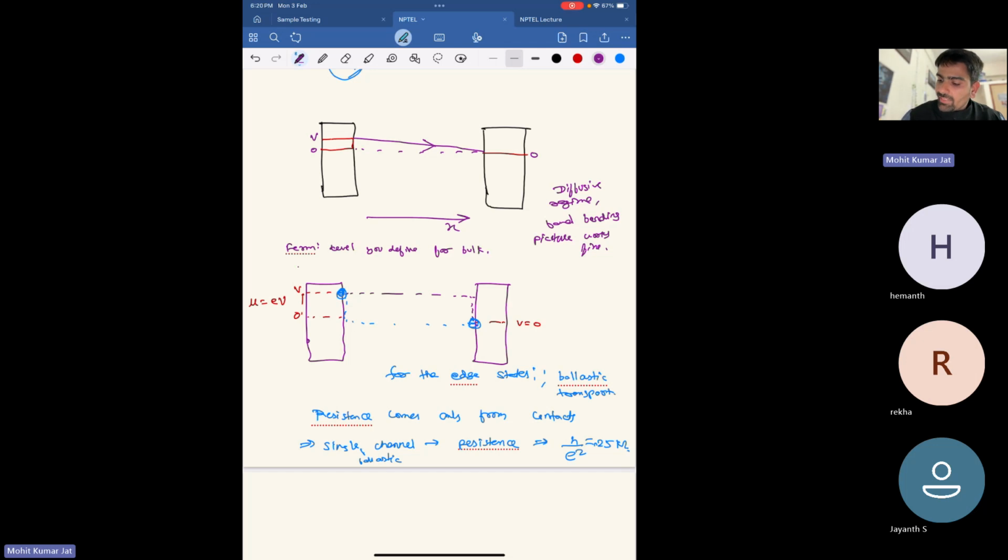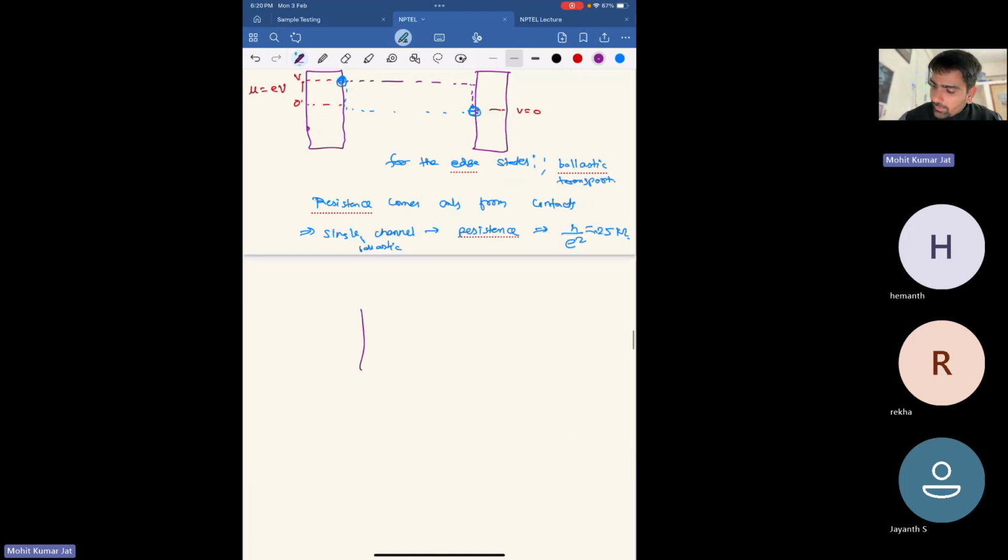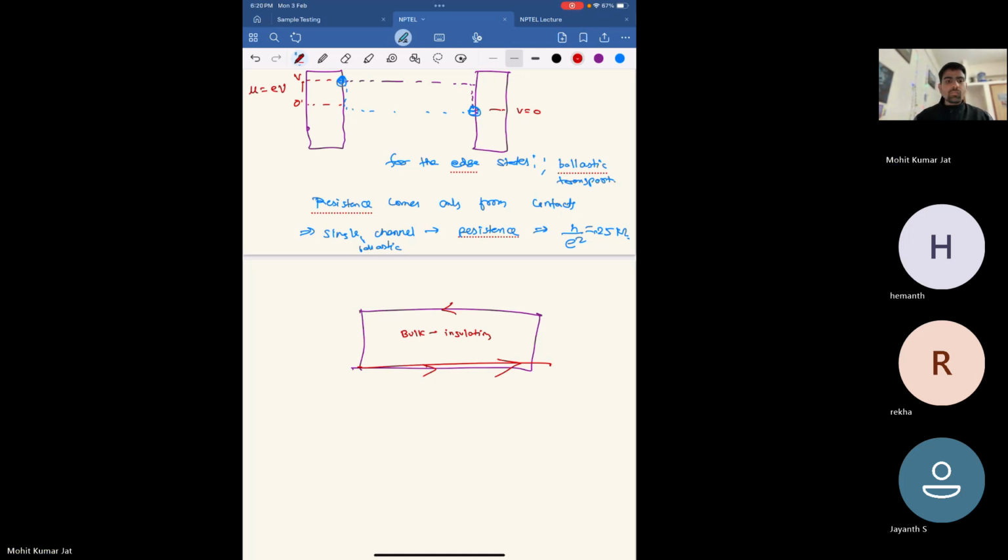Whenever you talk about the edge transport, you don't define the Fermi level exactly, because now the conduction happens at the edge of the sample. The bulk is insulating, and conduction happens only through edges. Like this edge will take the current like this, and there will be another line which will be empty. So this is for edge states.